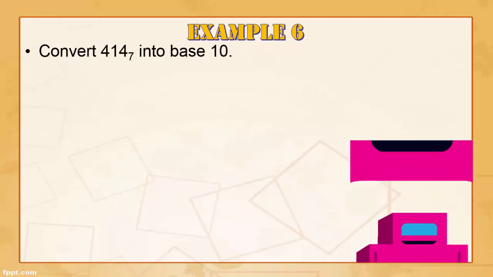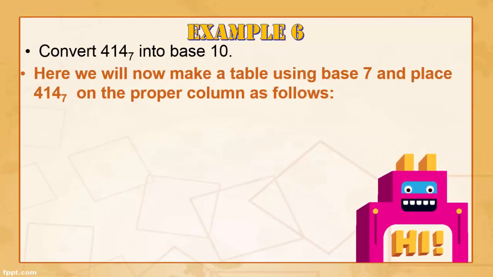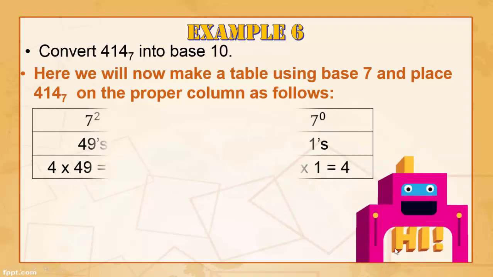Now let us summarize what we just did on the whiteboard. So here we now make a table using base 7 and place 414 base 7 in the proper columns as follows.